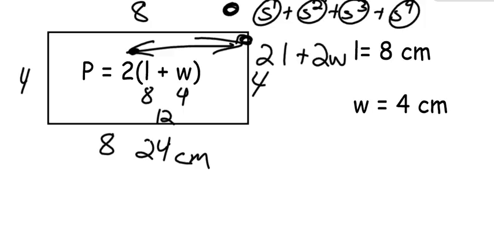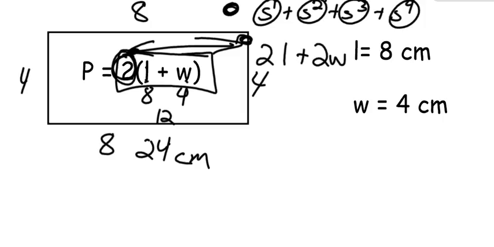It deals with a situation where you have a number outside of the parentheses, and then 2 numbers inside of the parentheses that are being added or subtracted. In the end, we distribute this 2 to both parts, to the L and to the W.